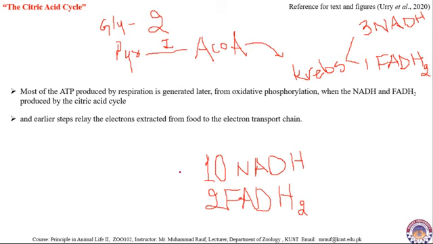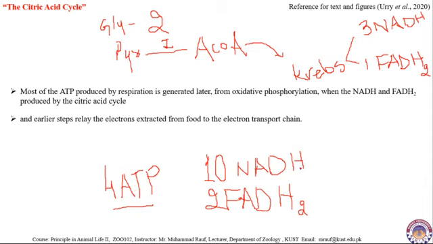And also the first 3 steps yield 4 ATP molecules. So now only 4 ATP molecules are produced, but all of them are produced through substrate level phosphorylation.